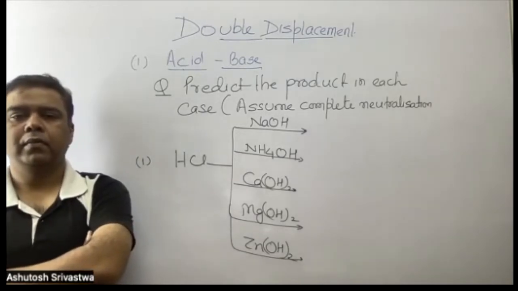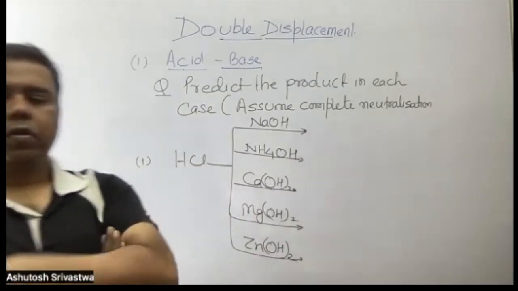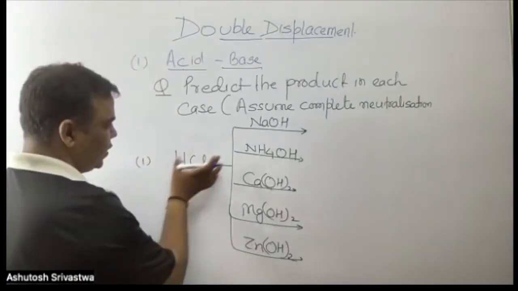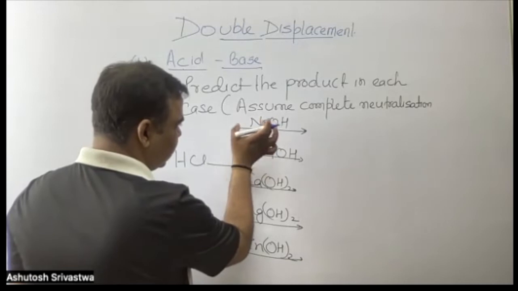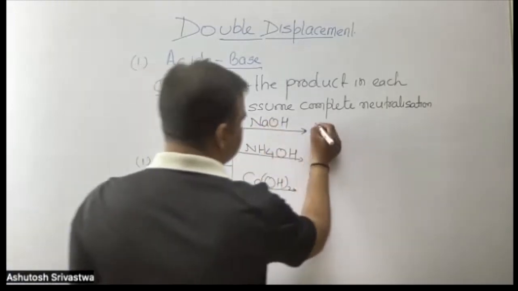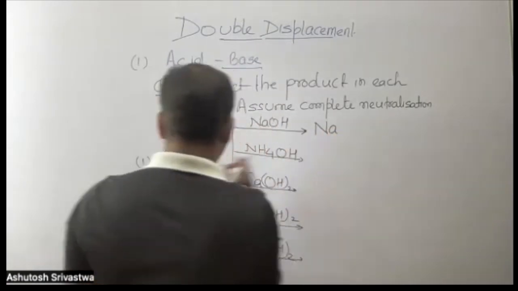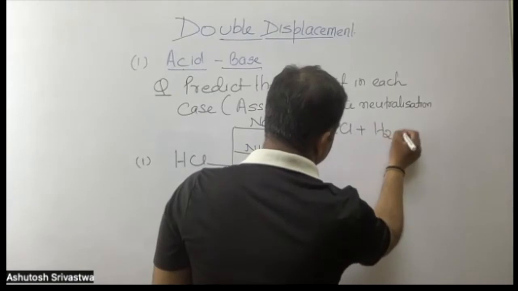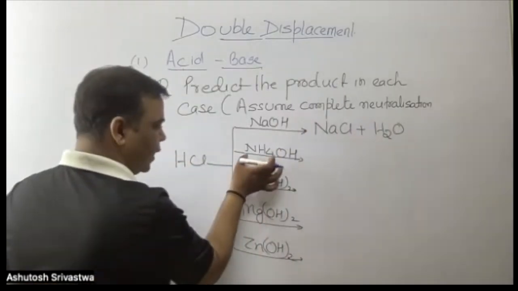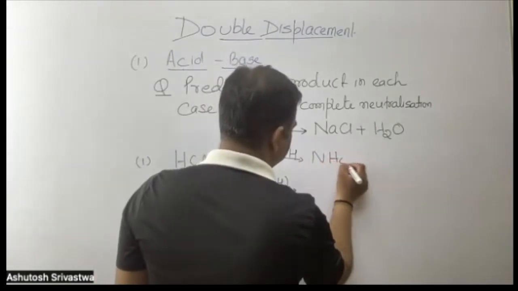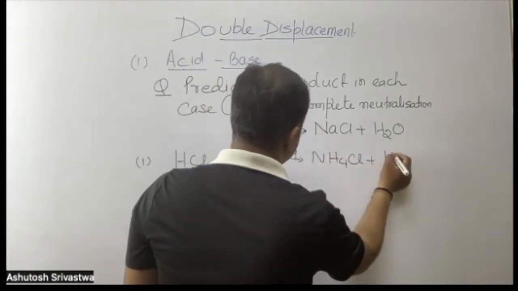Done? Okay. Very easy. We have to identify the cationic part and the anionic part. Here the cationic part is Na and the anionic part is Cl, so NaCl plus water. Here the cationic part is NH4 plus and Cl, so NH4Cl plus water.